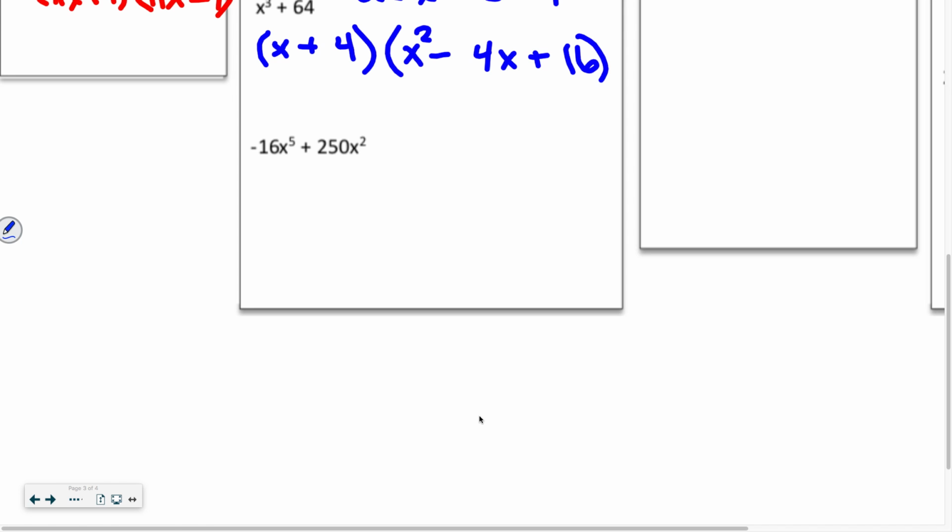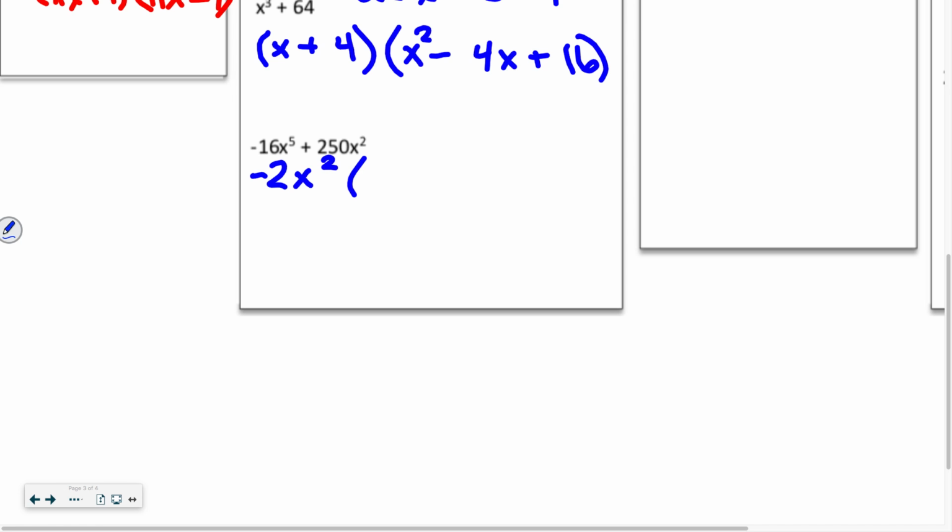Remember the rule of 50 is not divisible by 4, then 250 is not divisible by 4. The last two digits. Someone said 2. And on this one, because my leading term is negative, I would probably take out a negative 2. So I'm going to take out a negative 2x squared. I usually like always when factoring for my first term to be positive.